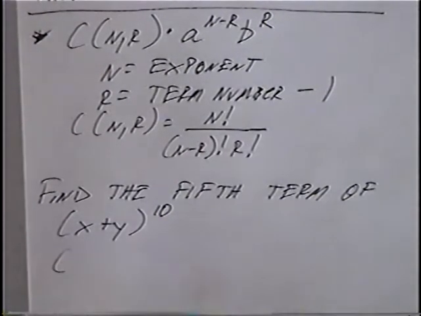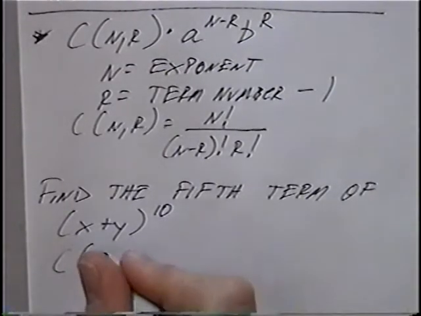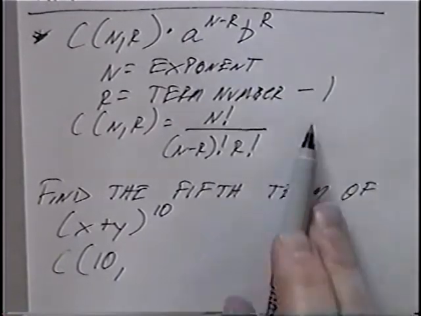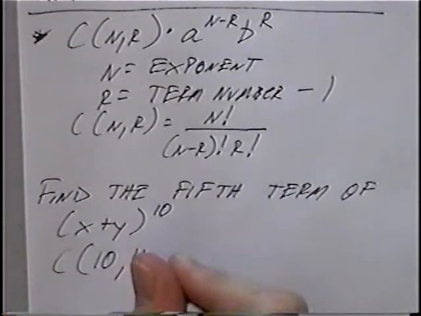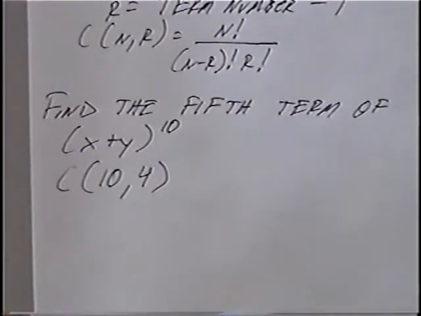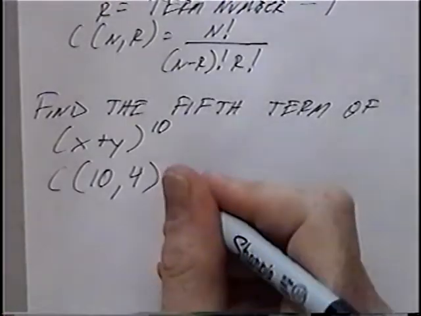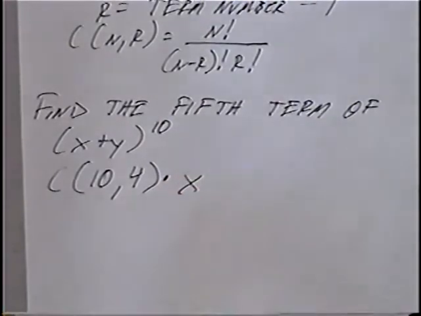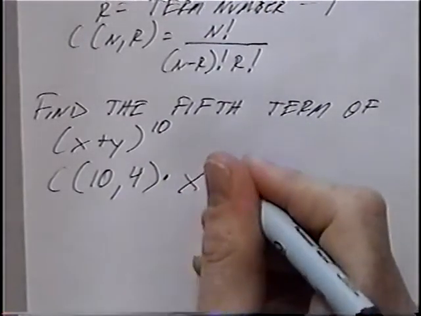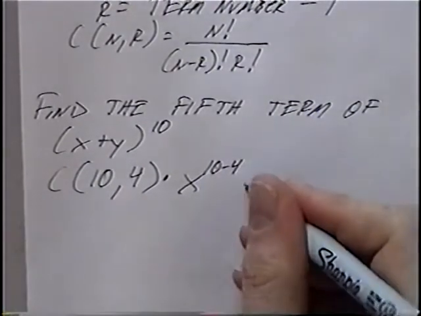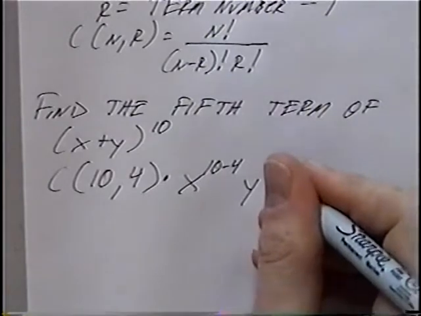For this question, we have combination n comma r. N again is the exponent in the question, which would be 10. R is the term number. We're looking for the fifth term, but term number minus 1, which should be 4. So we'll have combination 10 comma 4. And we'll multiply. Instead of a, we'll use the first variable, which is x, to the n minus r power, which would be 10 minus 4. And instead of b, we'll use the second variable y to the r power, which would be 4.